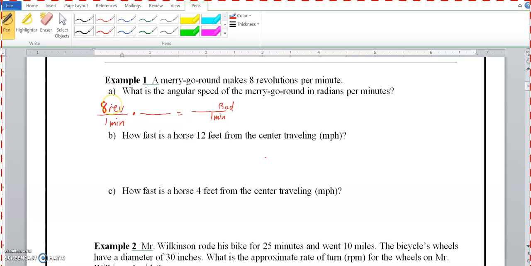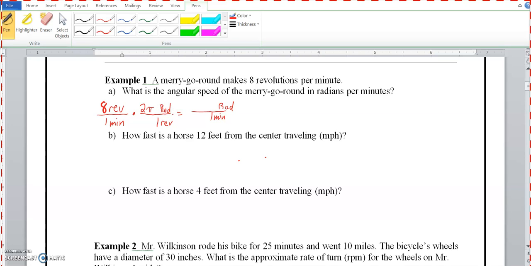But one revolution around the circle, we know one revolution of a circle. What we've been talking about in terms of radians, we said, if you go from 0 and then go all the way around the circle, make a complete loop, we've gone 2 pi radians around the circle.